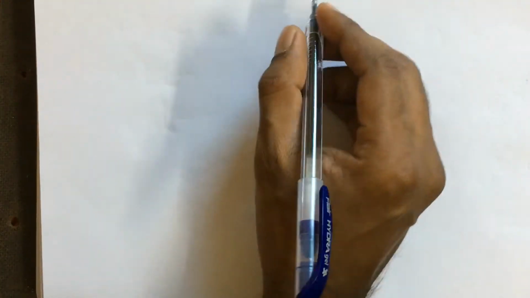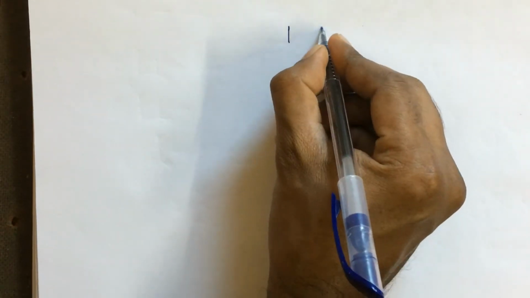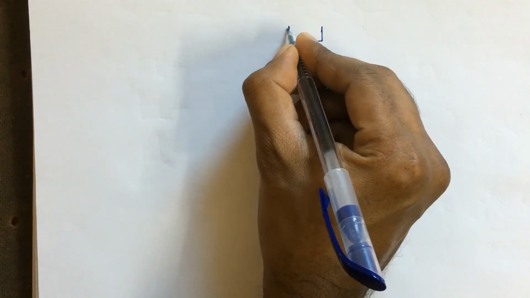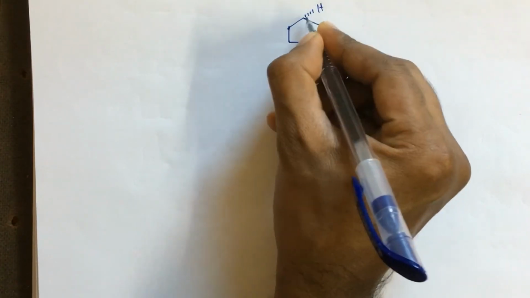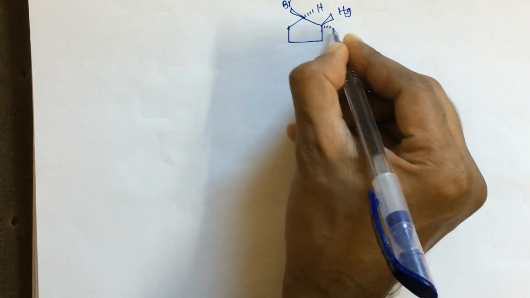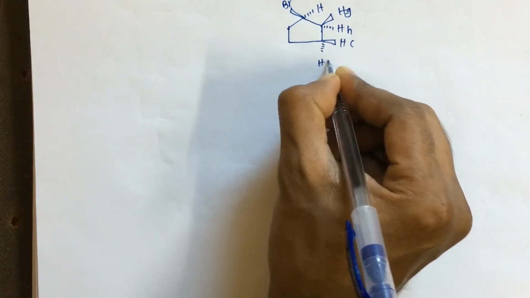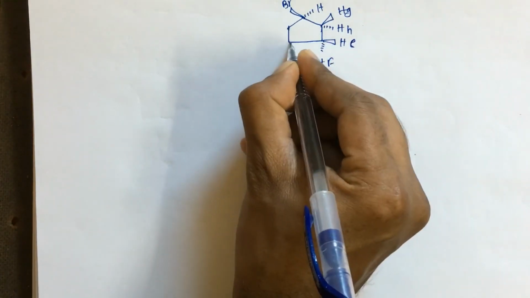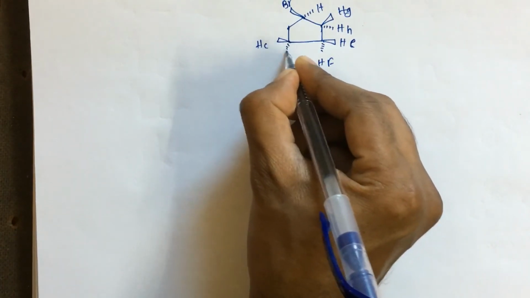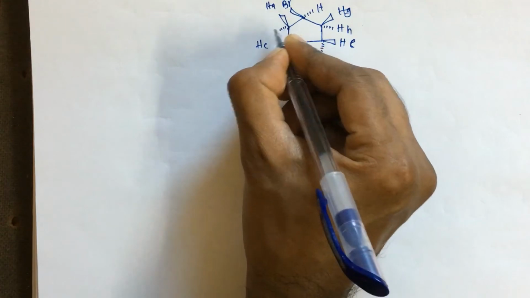And we have a few more examples. Here is hydrogen, this is Br, Hg, HH, Hc, HF. So this is He, Hc, Hd, Ha and Hb.